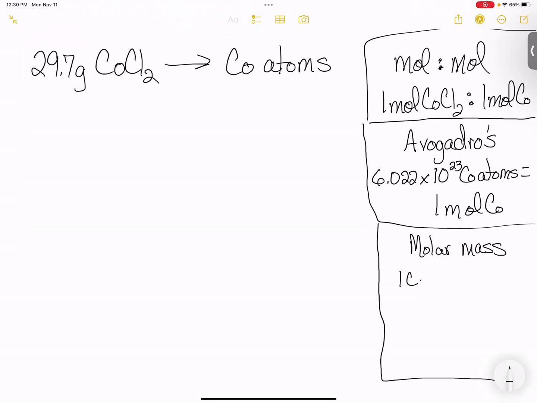We have 1 cobalt and we have 2 chlorines. Cobalt is 58.93. Chlorine is 35.45. Adding those together, you get 129.83.